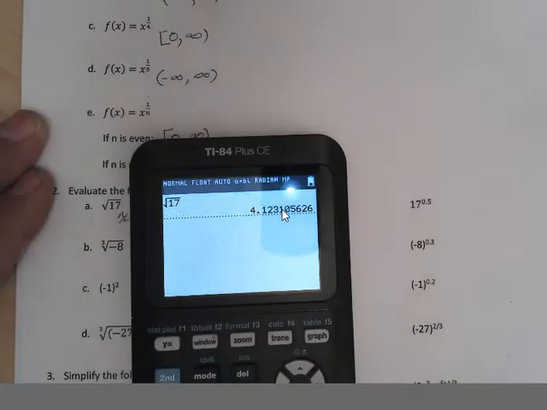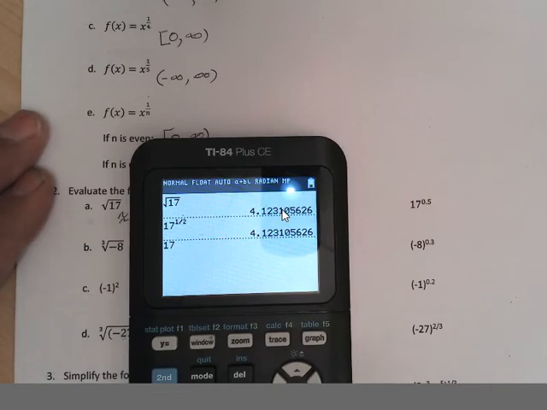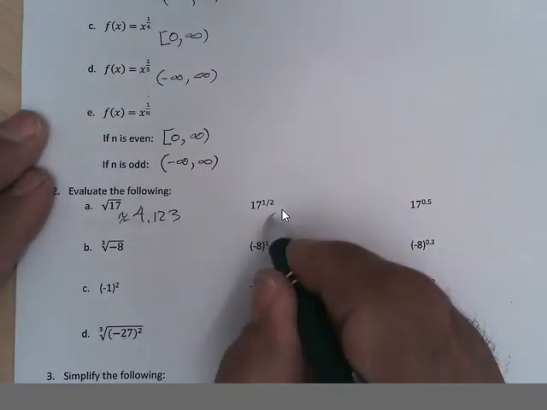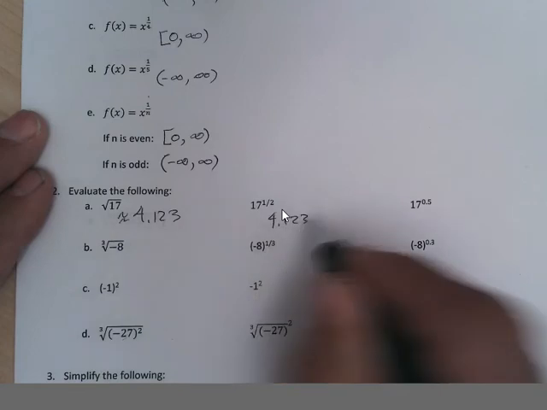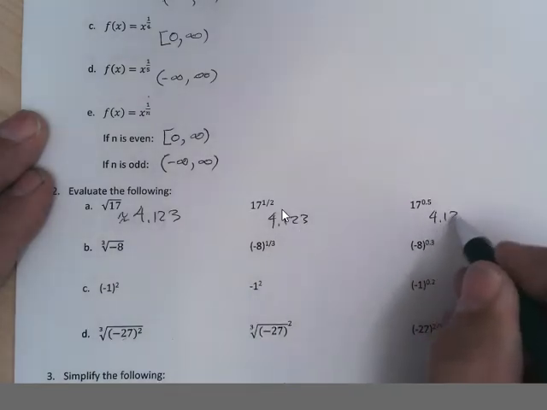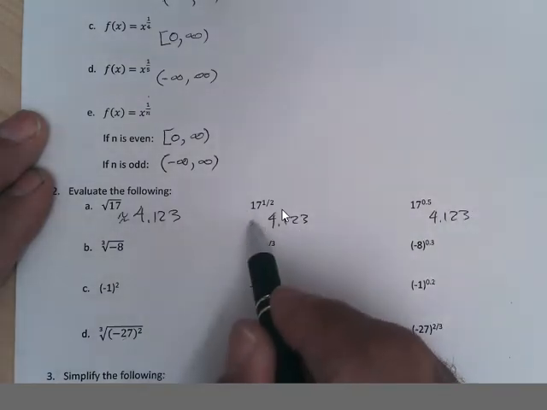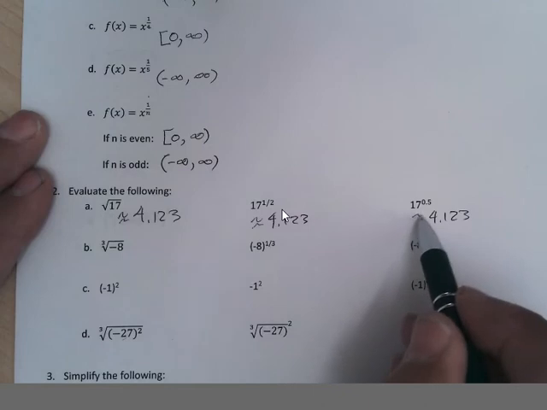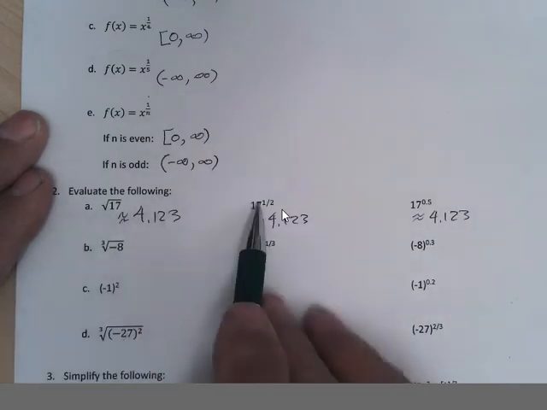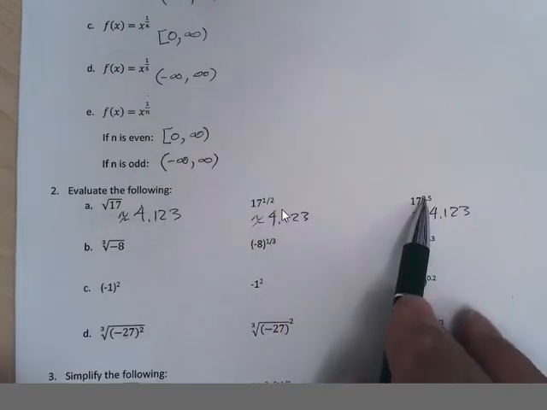You can type in 17 to the 1/2, and it gives you the same answer, or you can type in 17 to the 0.5, and get the same answer, 4.123. That's the point of this line, that there are several ways to write square root.